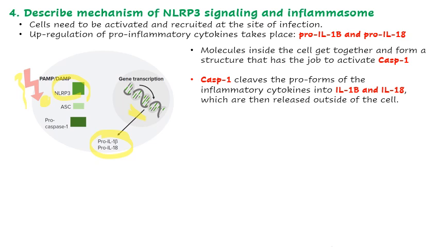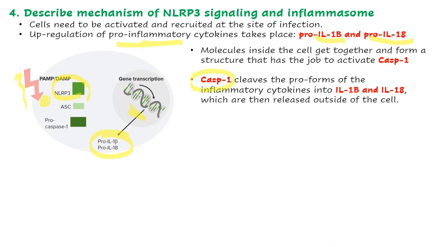So these pro-inflammatory genes that are getting activated are mainly those interleukin-1 beta and interleukin-18, okay, highly inflammatory. But again, when they are first produced, they are not active yet. In order for them to become active, they need to be cleaved. They need to be cut up by this enzyme that is called caspase-1.